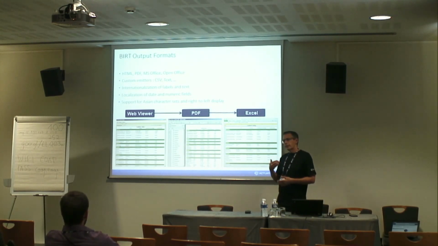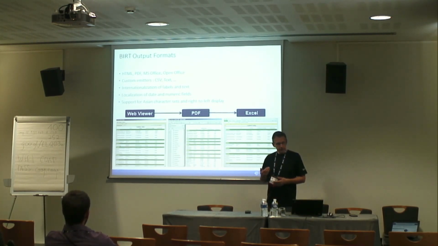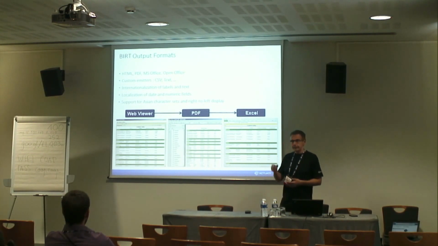But there are also different types of emitters that you can use to take that same report and display it in other formats, like PDF or Excel or Word. Now, being open, it means that you can also create your own custom emitter.